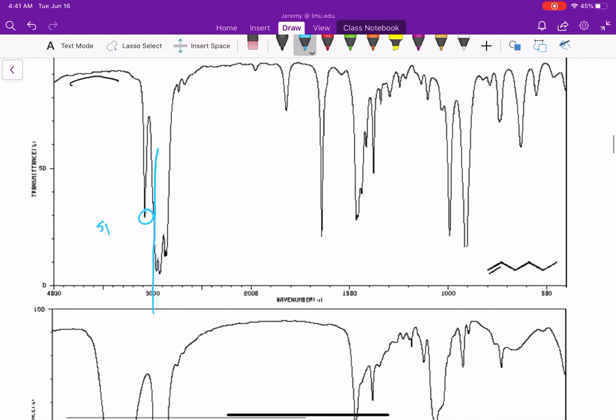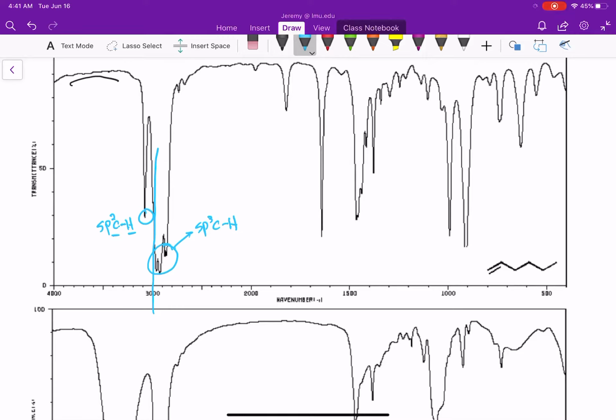This is going to be an sp2 carbon to H bond, right? And I'm representing a bond, so I always have to draw two atoms. It's an sp2 carbon to H. I have a bunch of peaks to the right of that between 3000 and 2850. These correspond to sp3 C to H bonds, okay?